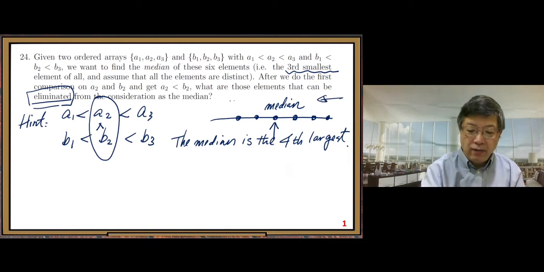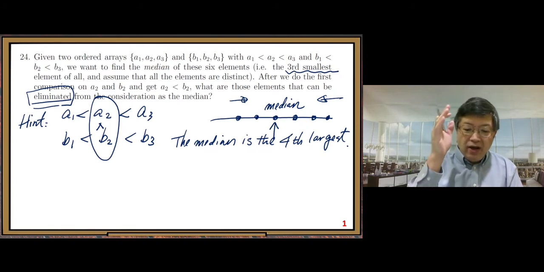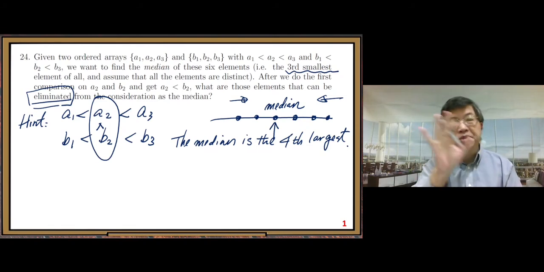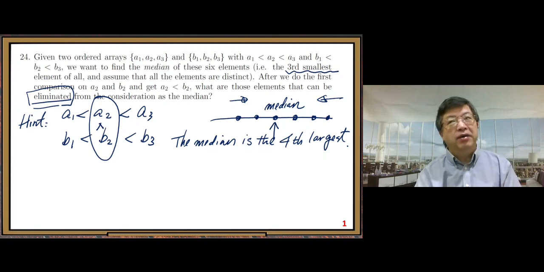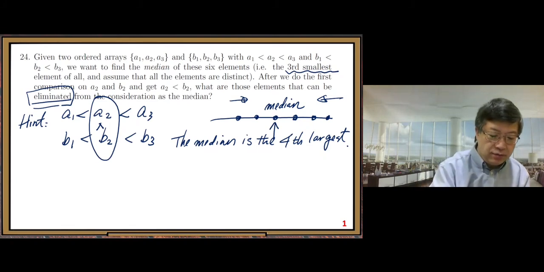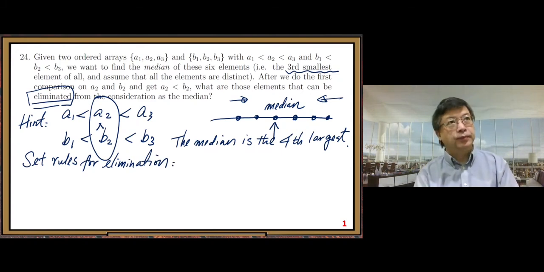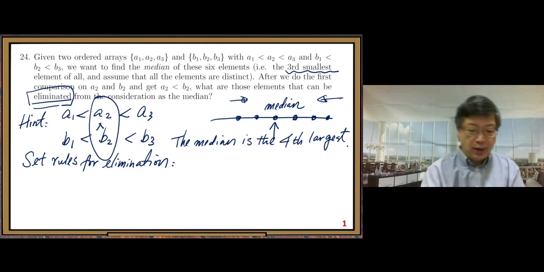Count from the left and from the right, two directions. Based on these simple observations, we try to set some rules for elimination. When we do elimination, we use these rules.